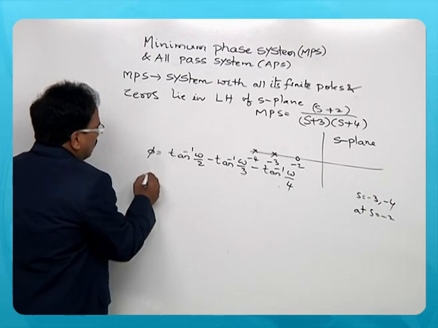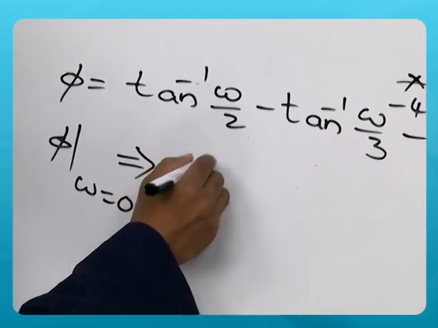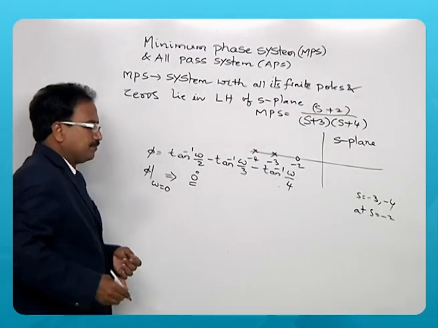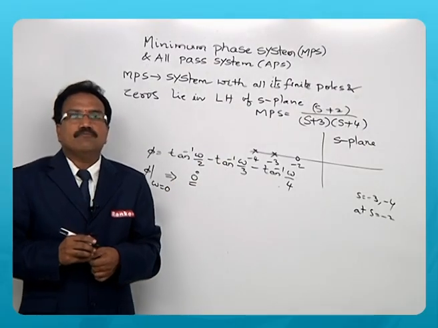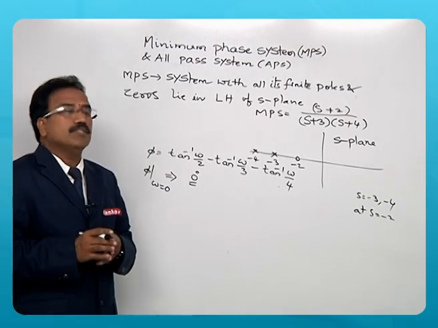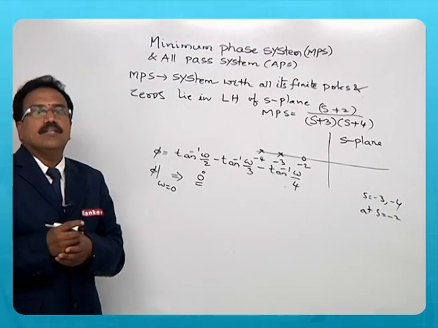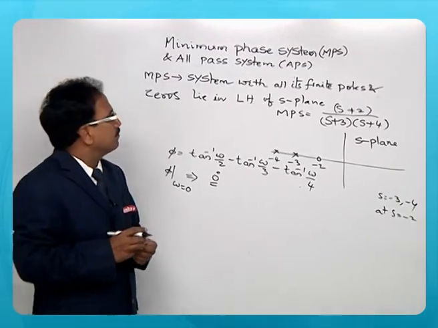So when you look at this phase angle at omega equal to 0, the phase angle will be 0. So that is the reason why this is called a minimum phase system: a system with all its poles and zeros lying in the left half of the S-plane.